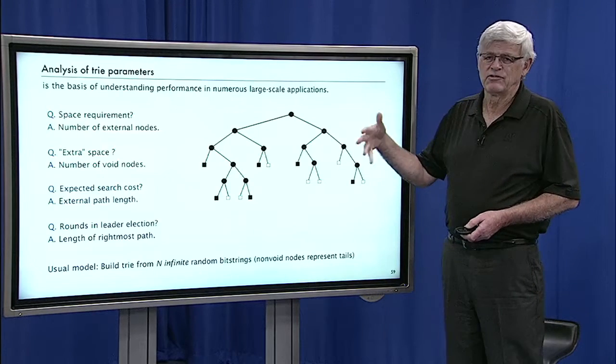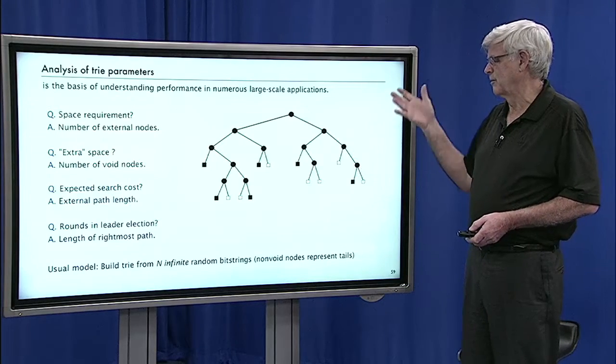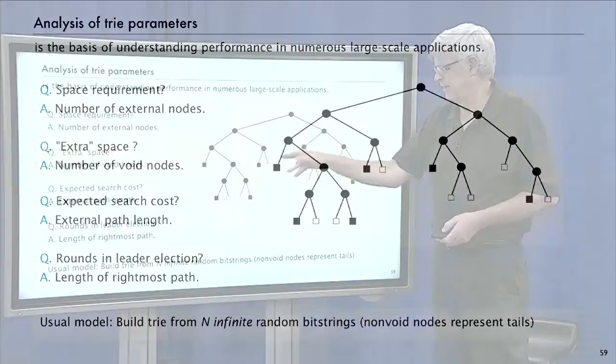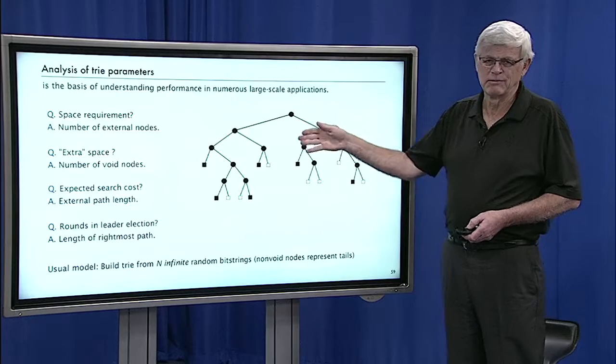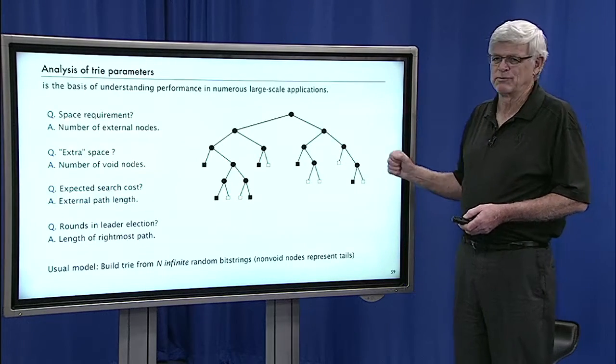And again, the easiest model, the usual model, is to think of the trie as built from inserting n infinite random bit strings. Eventually they're going to differ, and where they differ, that's where you're going to get a non-void node that might represent an infinite tail, but we don't care. The bit strings distinguish themselves.